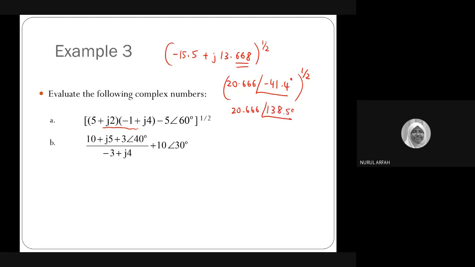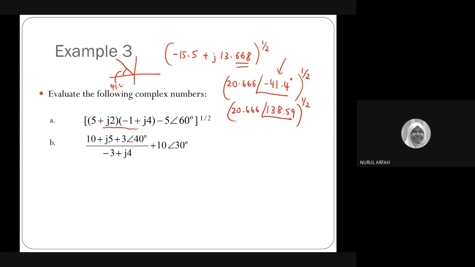The one I get here is actually using the normal calculation, the math operation. This negative 41.4 is coming from, if you draw the complex plane, this is the negative side, right?